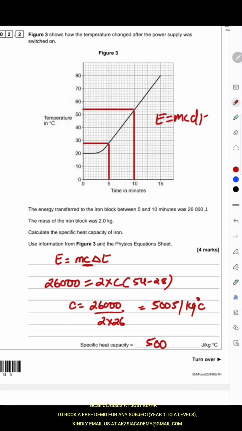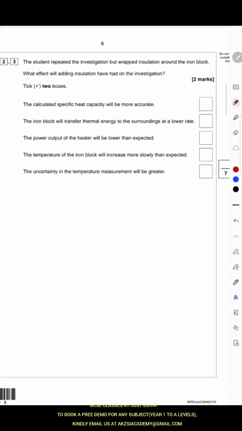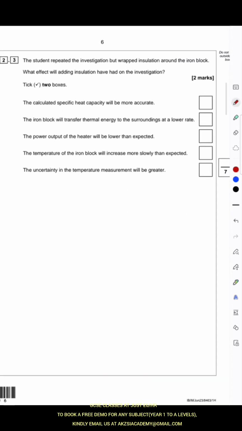Giving you an example from this, C is E over m times dt. E is joules, unit of m is kg, and unit of temperature is degrees Celsius. I'm not saying in every case, but in most of the cases you can find the unit this way. For that you should know the formula.